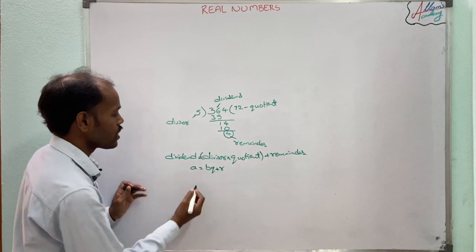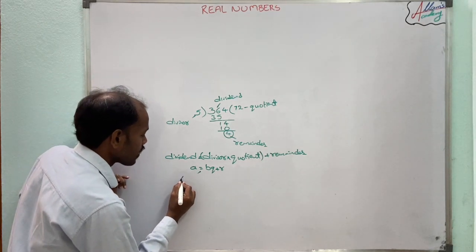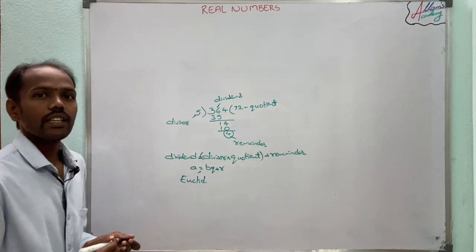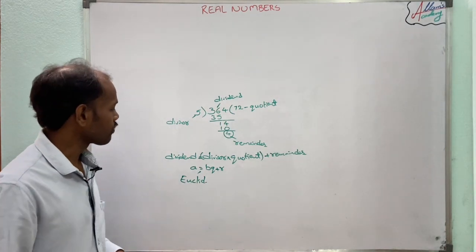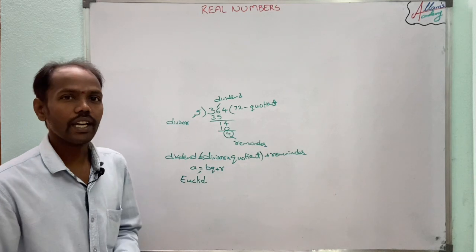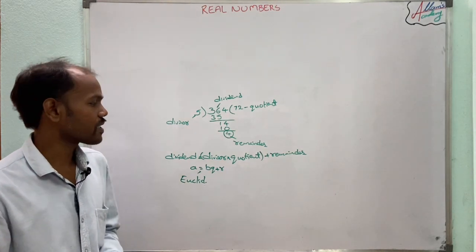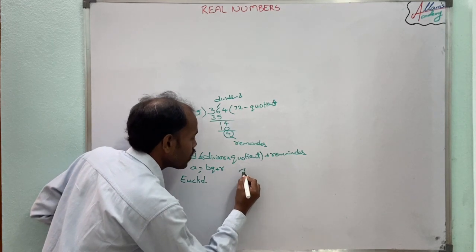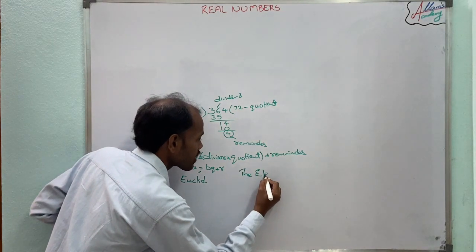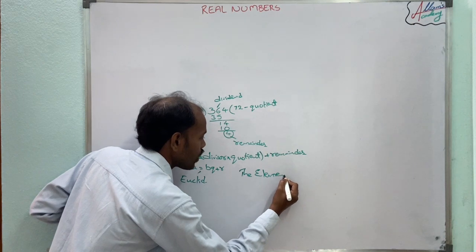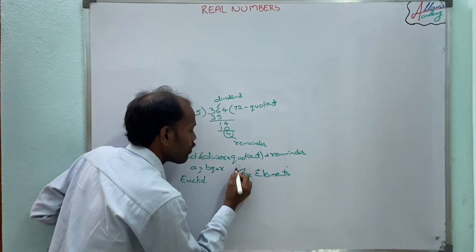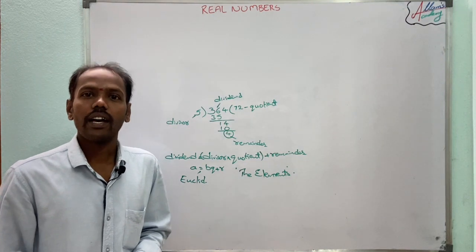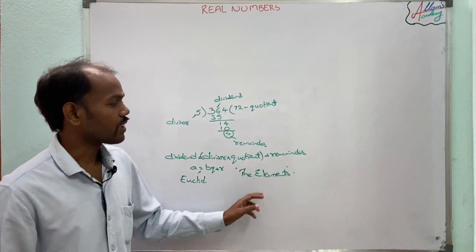Now this principle is given by the mathematician Euclid. Euclid gave this principle A equals BQ plus R, and it was written in his book The Elements. After the Bible, the most selling book, and in maths the highest selling book, is The Elements.